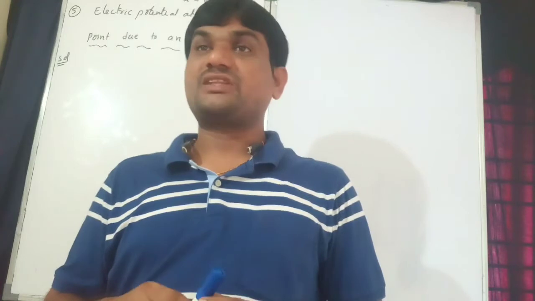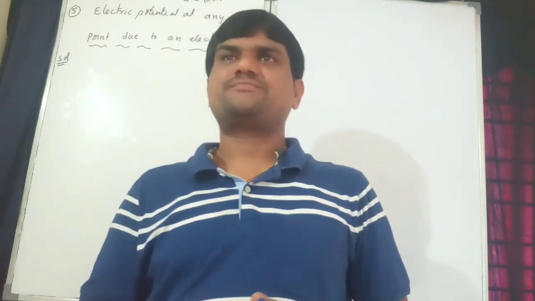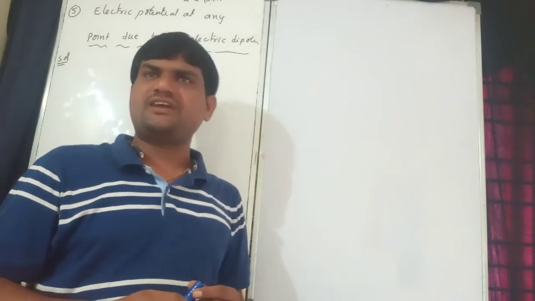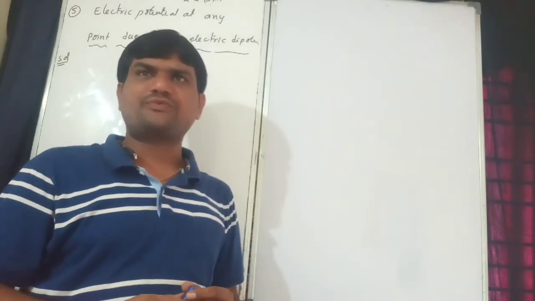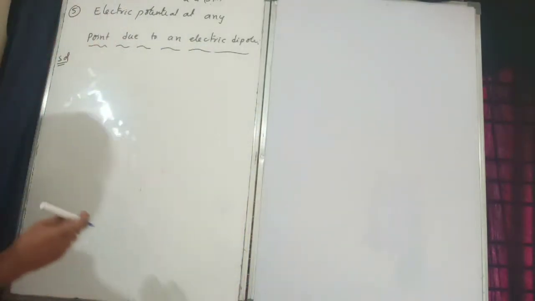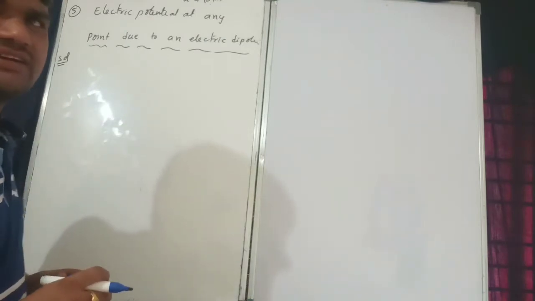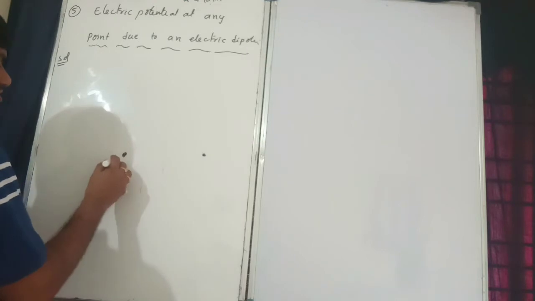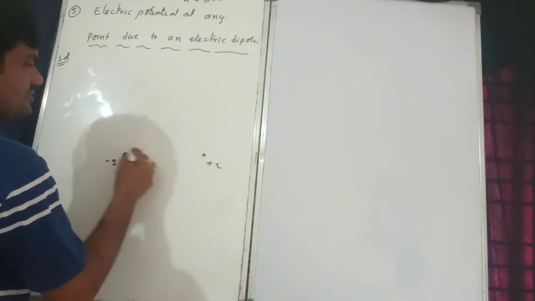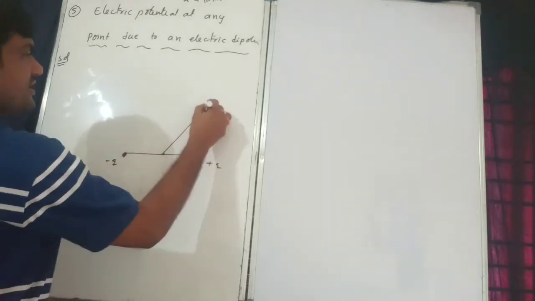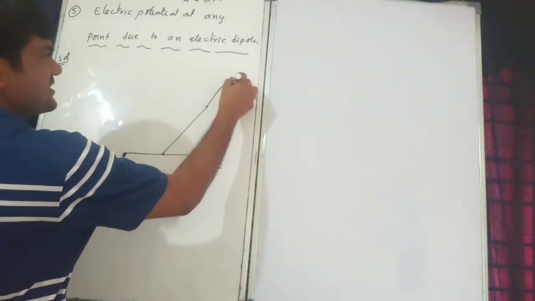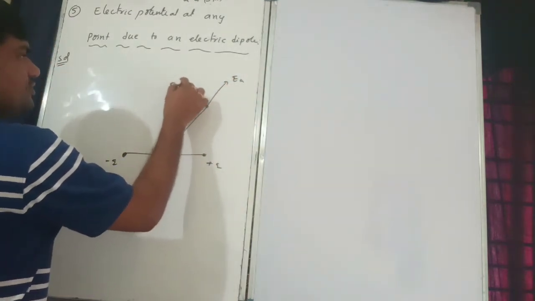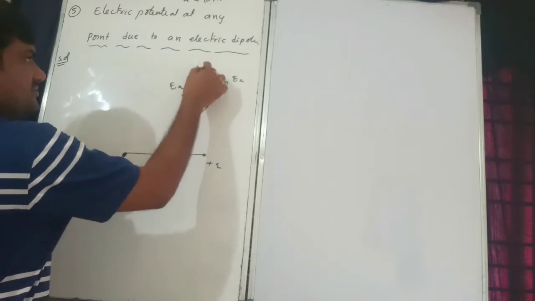Here is the minus q, this is the plus q, and this is the O somewhere here. This is the E axial and this is the E equatorial, this is the resultant.